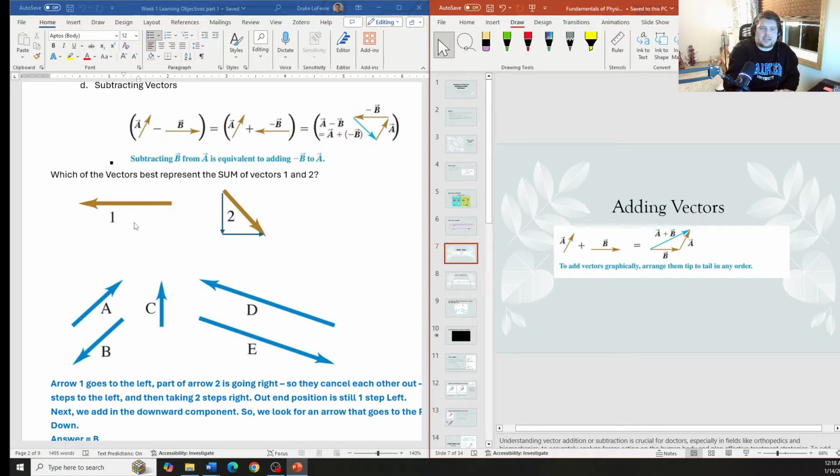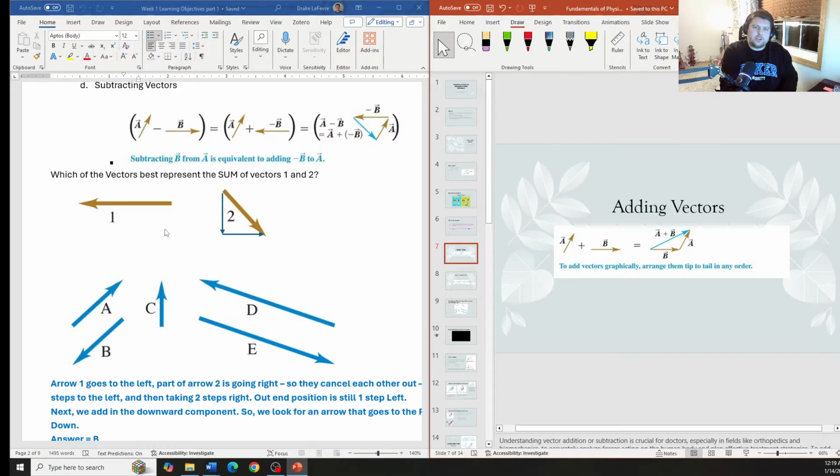That's our x-axis. Vector 2 is going down and to the right. So it has an x component because it's going to the right, but it also has a y component because it is going down. Remember, up and down is y, left and right is x.